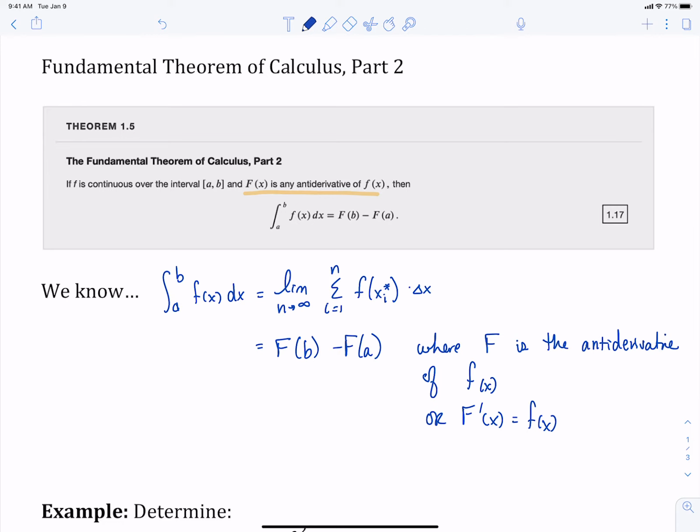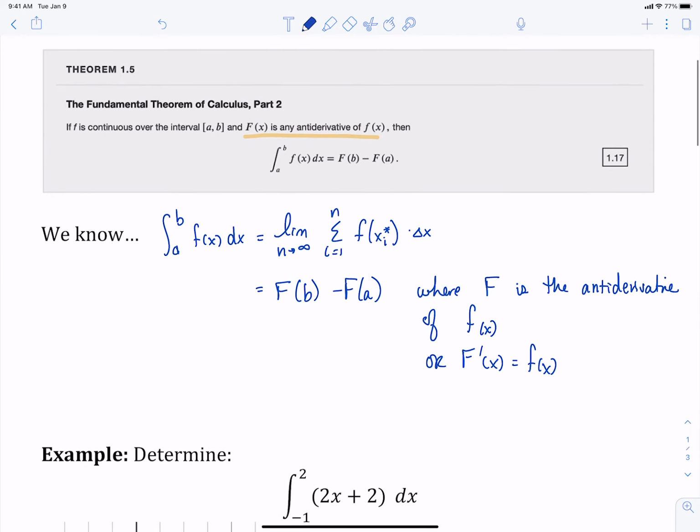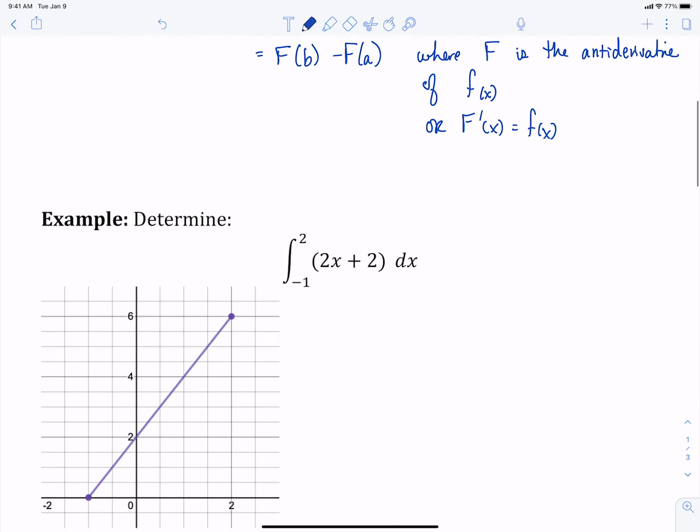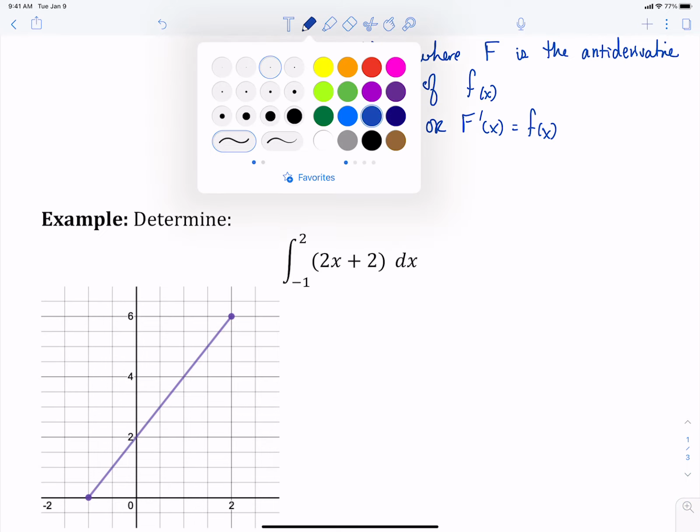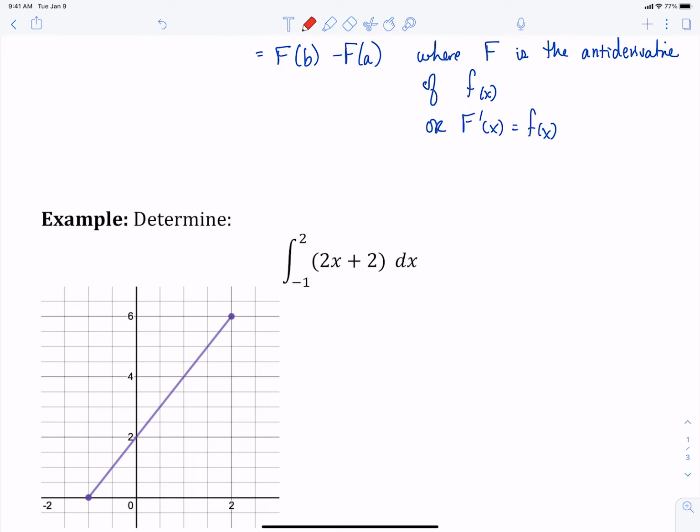So let's take one where we can pretty easily find the antiderivative, and where we can pretty easily figure out what our area is under this curve. We've got our function here, and we can do our area under the curve. It's a triangle.